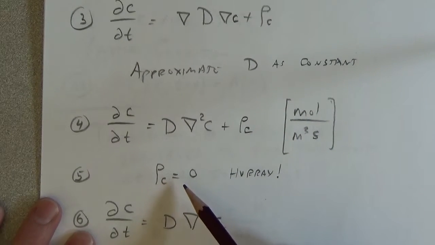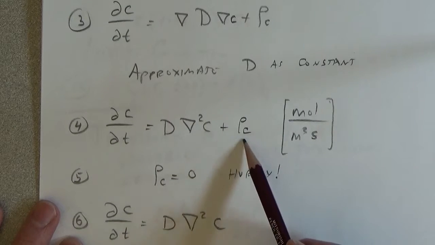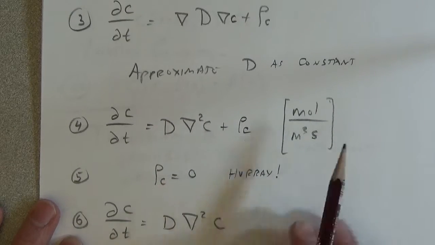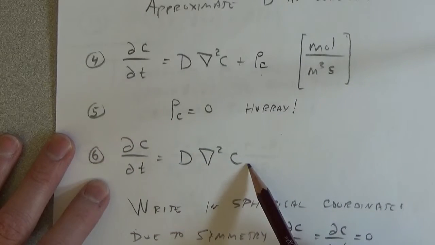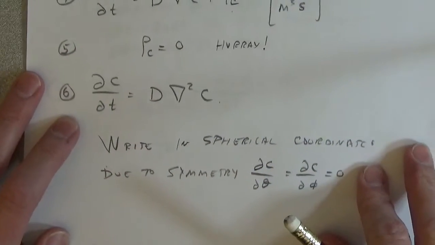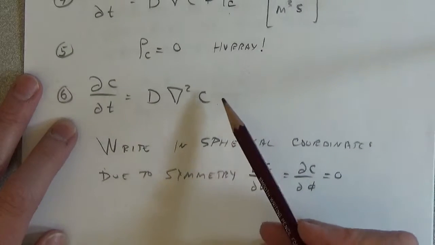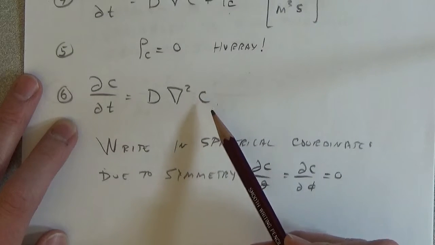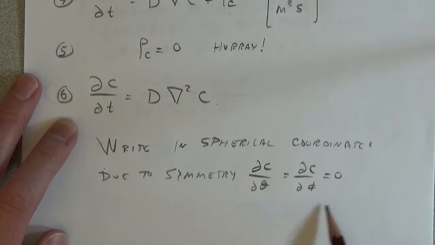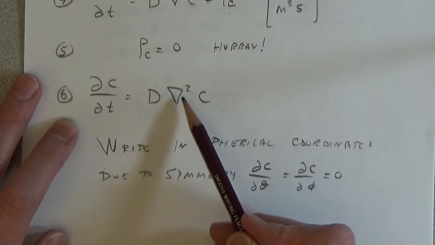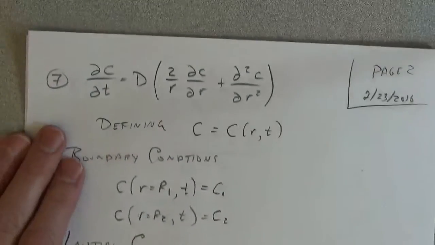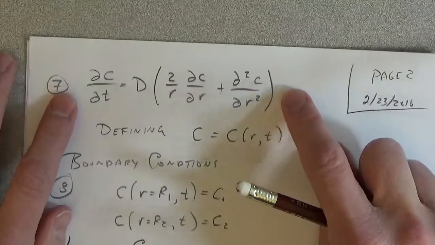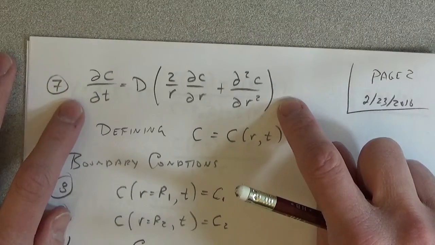Taking our approximation that there is no generation, so setting that equal to 0, we're left with this partial differential equation. Now, we don't have units yet, but these units are going to be in spherical coordinates, and because of spherical symmetry, the theta and the phi terms in this Laplacian are going to go away, and we're left with this expression, which is the same as we had in problem 1.